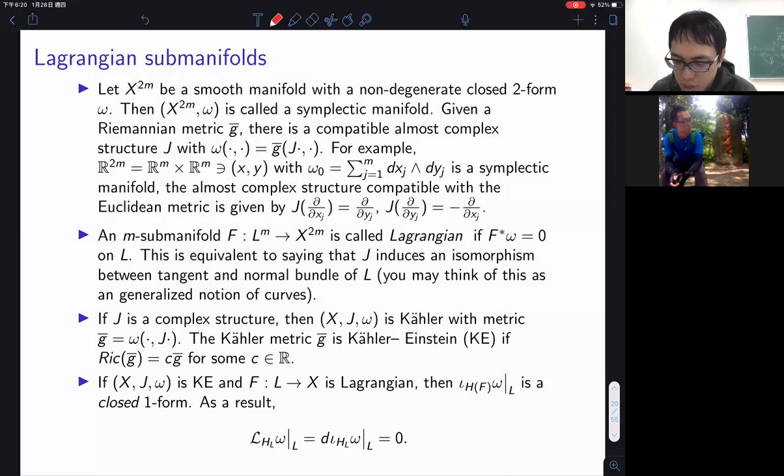Then you restrict it to L, and you get a one-form. I would denote it by omega tilde H.